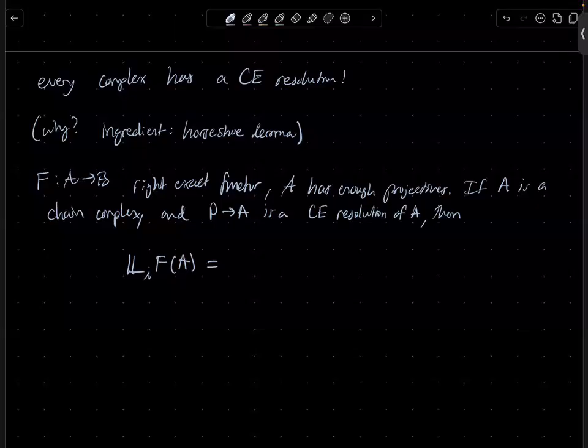There may be some subtleties going on. Maybe these don't exactly agree somewhere, but spiritually, maybe this is what we might think. Okay, so then this hyperderived functor is just the homology of the total complex of F applied to P.